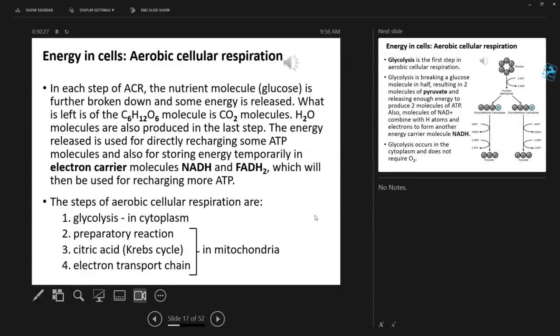And then in these other reactions, a little bit of ATP is made, but most of the energy released for breaking down that glucose molecule farther and farther is used for recharging these. And then in this last step, the energy that was temporarily stored in these molecules is put into ATP to recharge it.